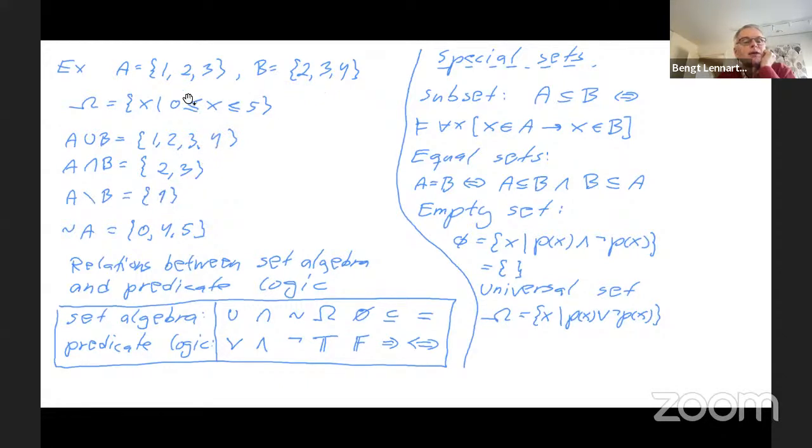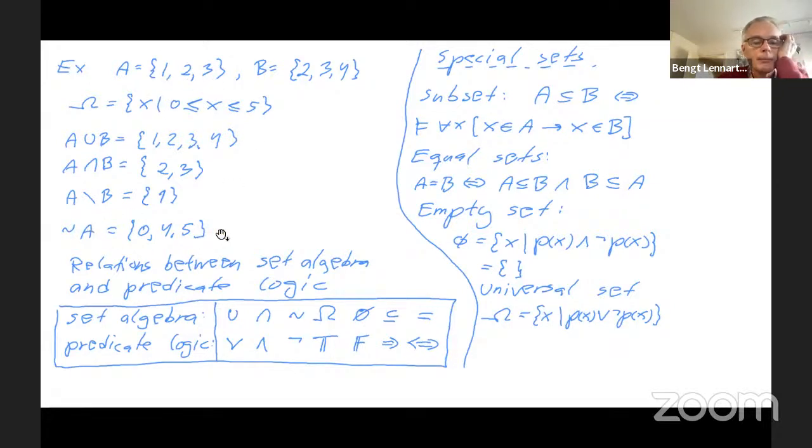A set minus B, where B includes 2, 3, 4, is specifically 1, and that is only the one which is unique for A compared to B. And the complement of A, since we have the domain from 0 to 5, is then 0, 4 and 5.